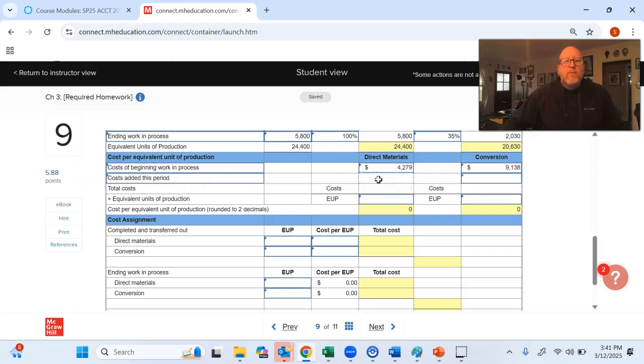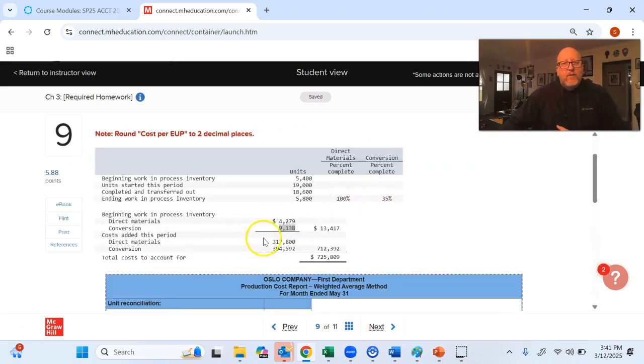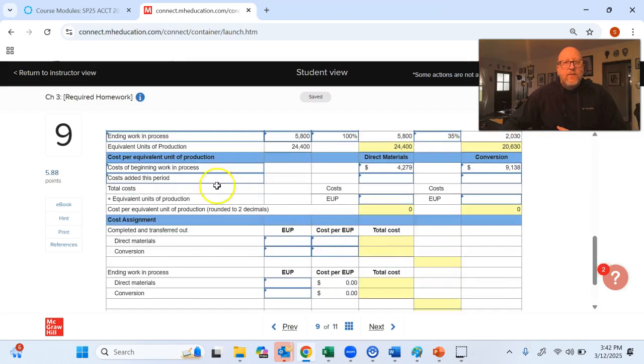Now we can do the same thing with the costs that we added during the period, right? We added two buckets, material, and then we added a bunch of costs related to conversion. So the material costs that we've added, 317,800.